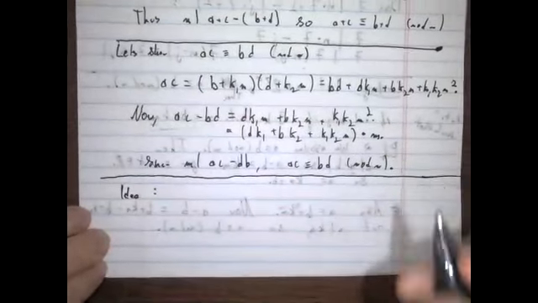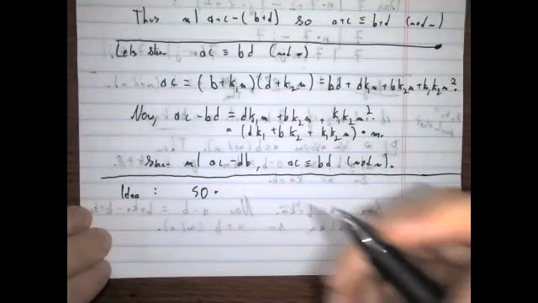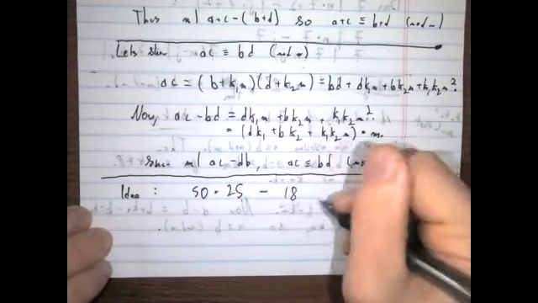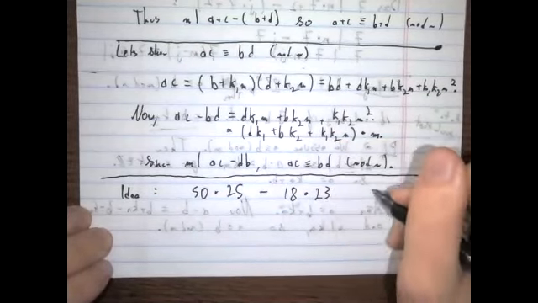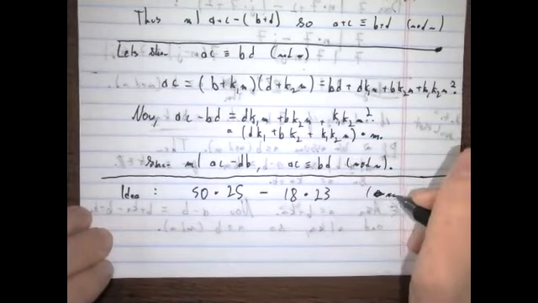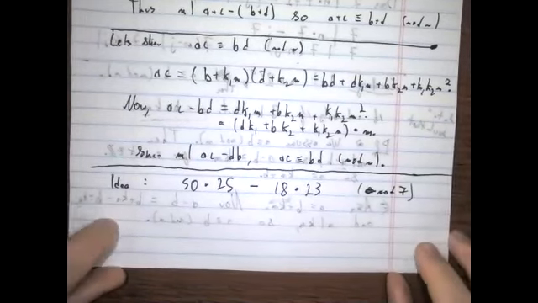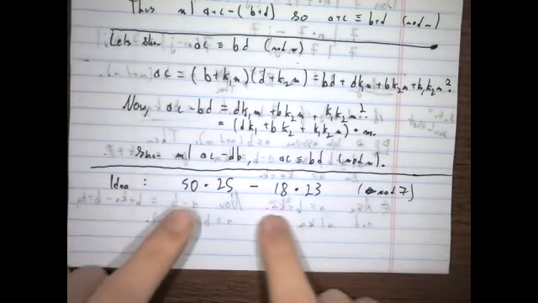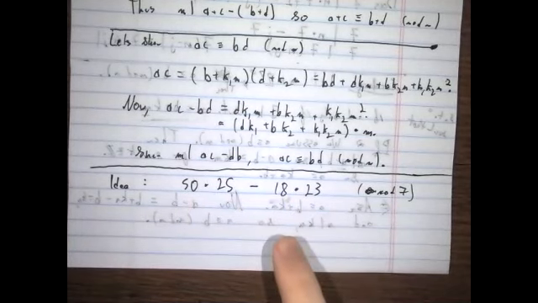Let's say that we're trying to compute 50 times 25 minus 18 times 23 mod 7. This theorem that we just proved essentially says that there are a huge number of compatibilities. It's saying at any point, we can replace any of these numbers by their remainder mod 7.